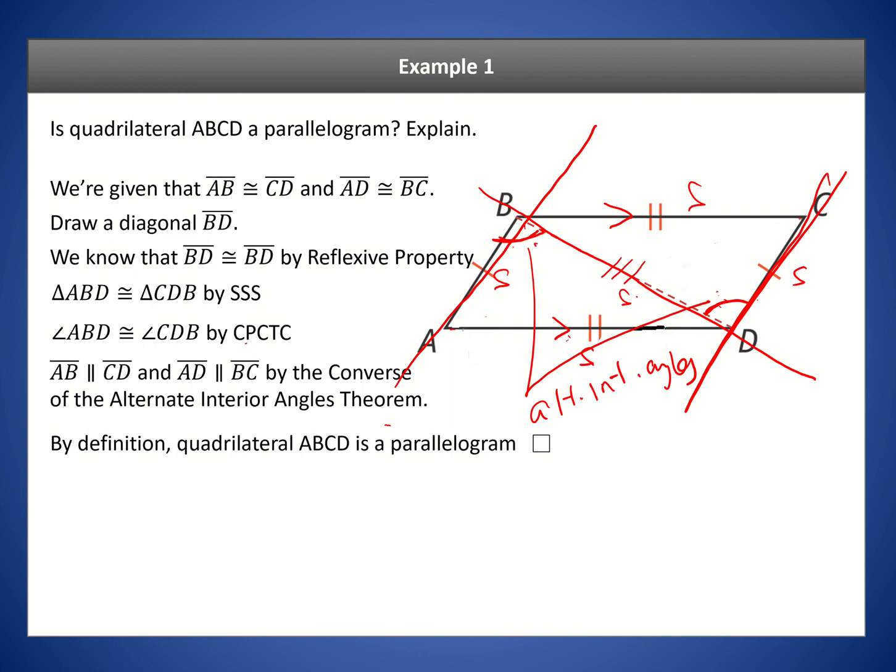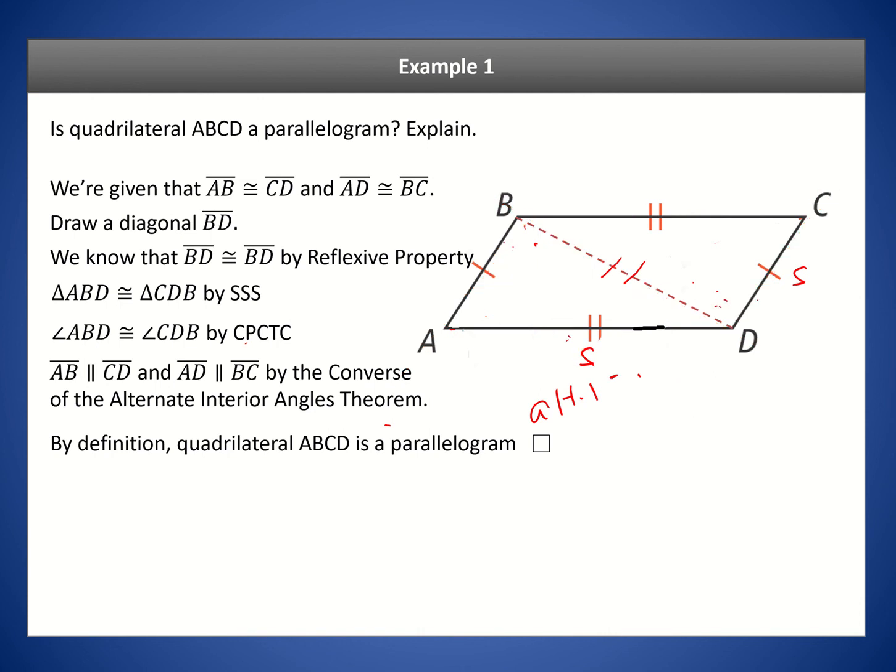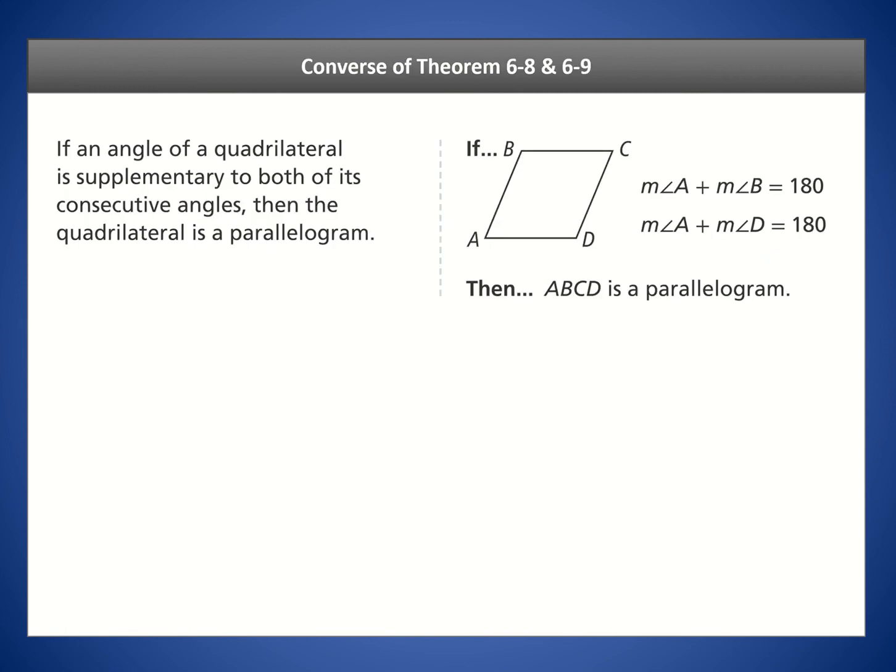And so no matter which way you draw it, these two lines have to be parallel. So therefore, for this final shape, we can go ahead and say that this is parallel and this is parallel, and therefore this is a parallelogram by definition. Okay, so we went ahead and proved that theorem.